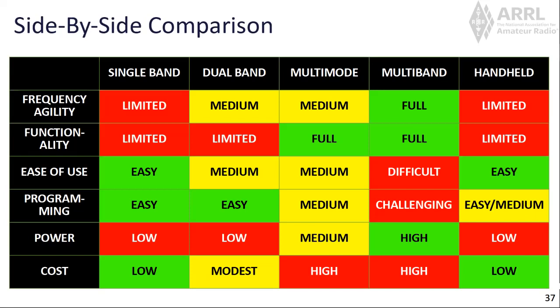And down there where it says programming, challenging, Randy up there, there's a teenager inside of Randy somewhere, because he can sit and program a Baofeng with 2 thumbs, just like the kids do their game plans. So, just take a look at that and pick what you think is going to work best for you.